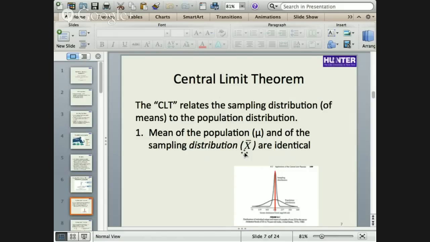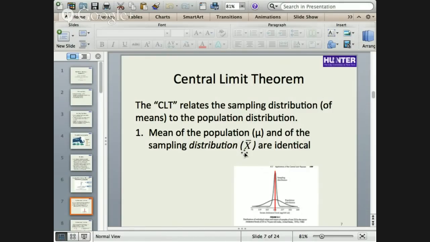And the central limit theorem was all about that, the relationship between the population distribution and the sampling distribution. And the important parts of that were that the mean of the two distributions are identical. So that's going to be very important. So the value that you expect on average for the sampling distribution is the same as for the population distribution.